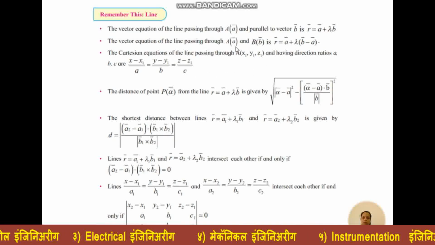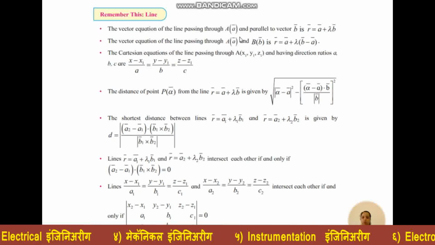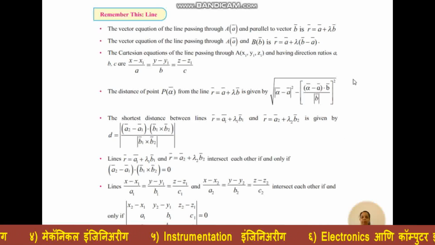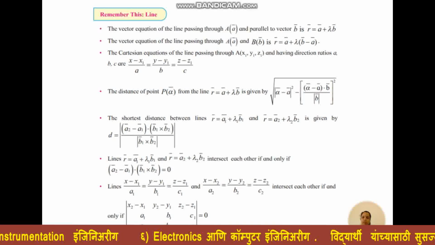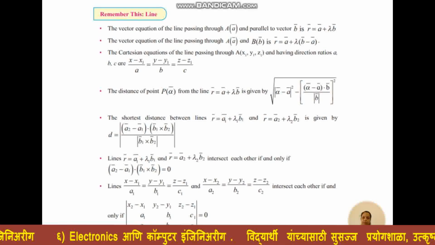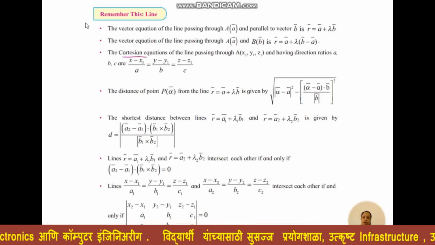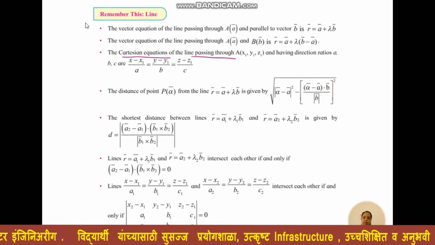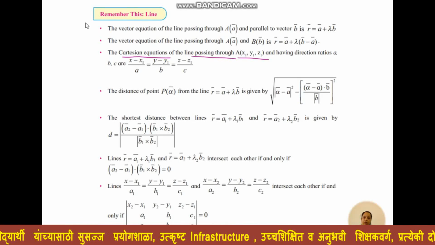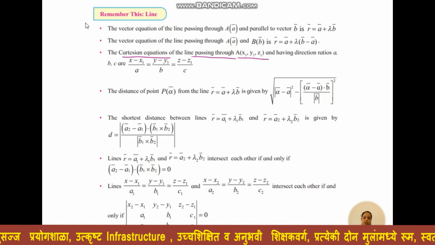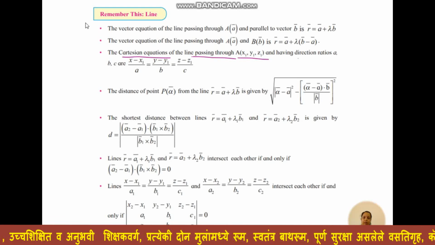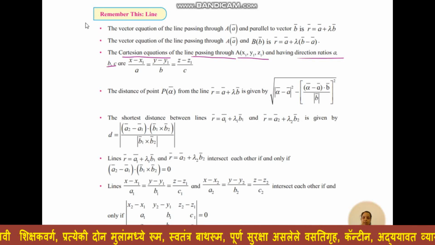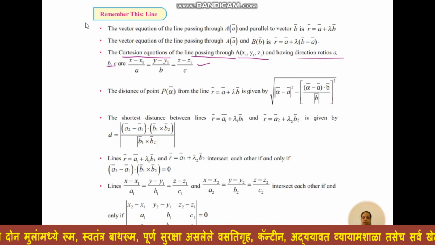Second equation is about line passing through a bar and b bar. This is second equation. Third is about Cartesian equation of line passing through point A (x1, y1, z1) and having direction ratios A, B and C. This is formula for that.